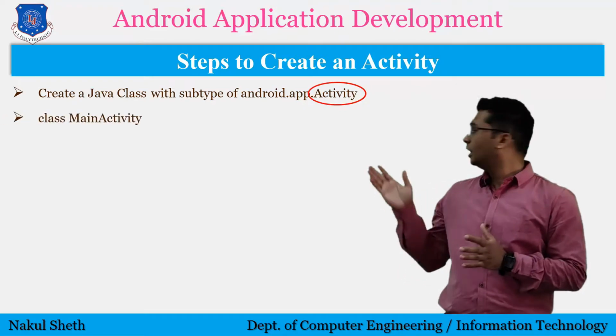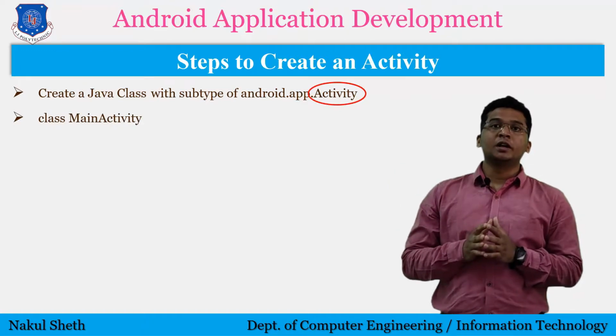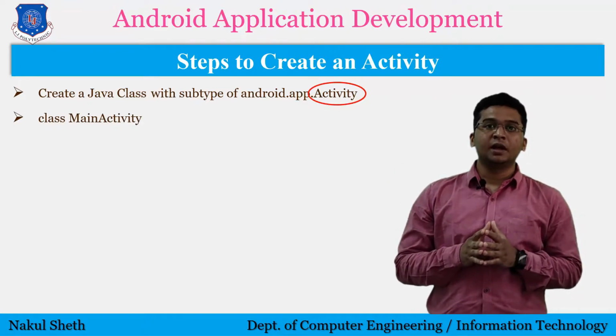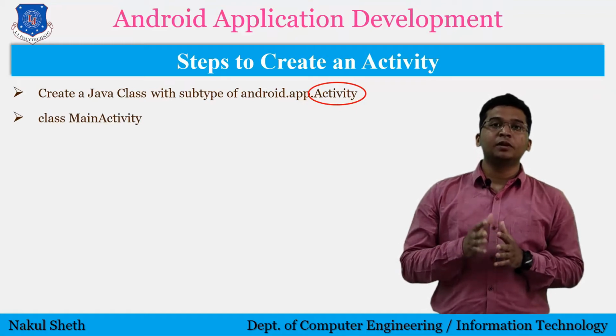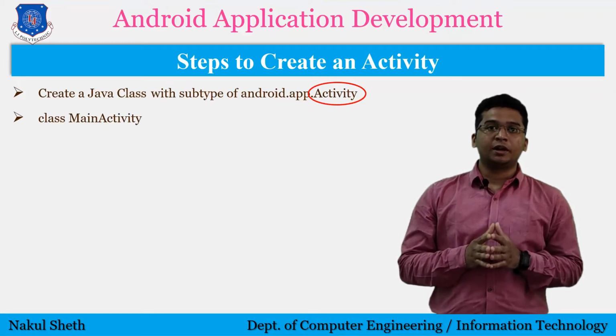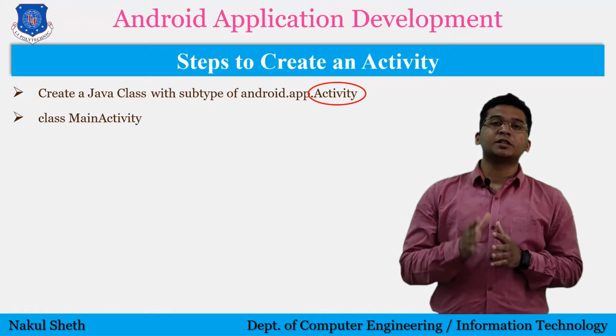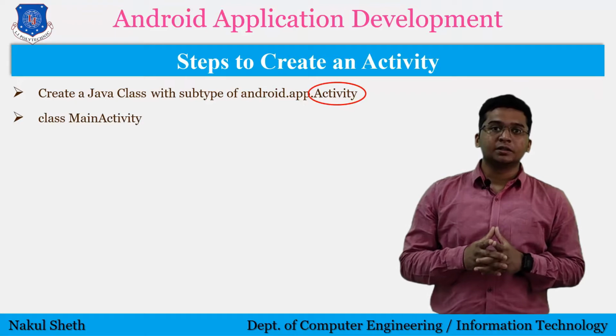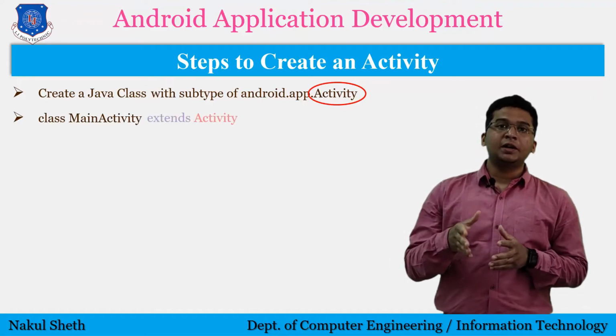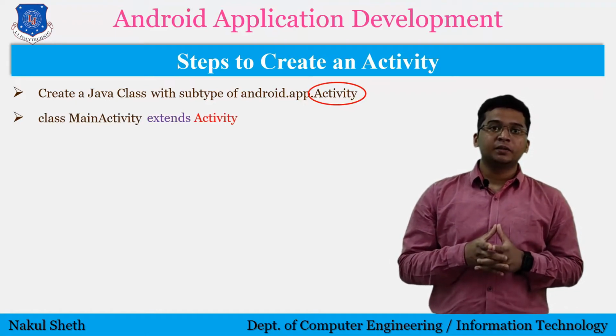Let us say we have a Java class called MainActivity.java and we make this MainActivity class a subtype of android.app.Activity. So we need to extend this Activity class in our MainActivity class. So MainActivity extends Activity.